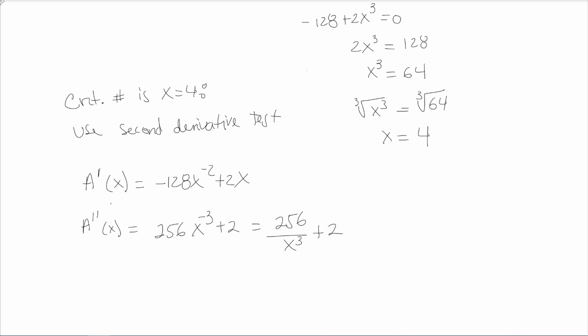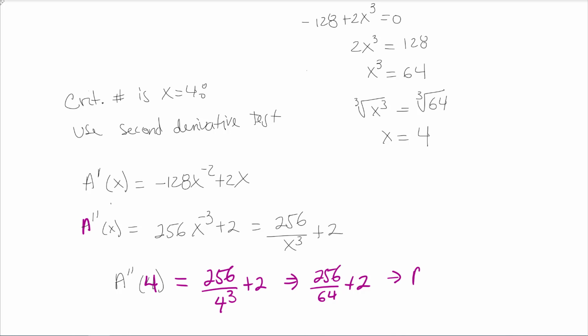The second derivative test says if you plug in your critical number, so if I plug in 4, I'm going to have 256 over 4 cubed plus 2, which is 256 over 64 plus 2. Again, we don't necessarily care about the value, but notice that this is a positive number.